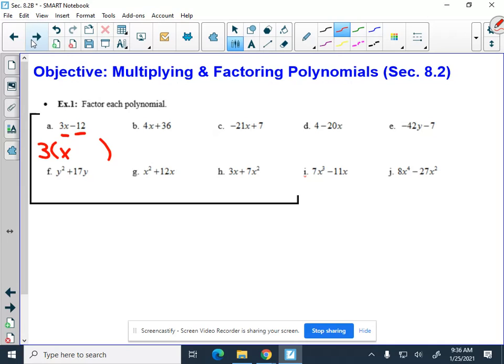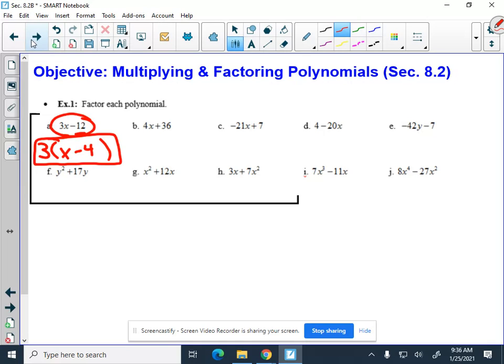What would I have to put here to get negative 12? Negative 4. So if you were to multiply this, you would get 3x minus 12. You'd get back to this. So this is what we call the factored form. We have factored it. We've taken the greatest number out that we could out of both of them.